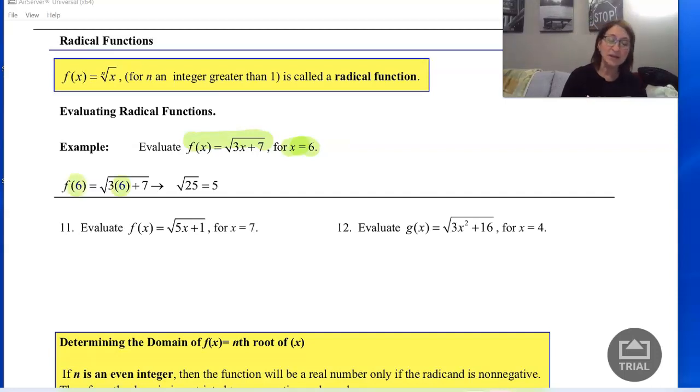When I put it here with the f, all that is saying is, it's asking the question, if x equals 6, what is y? That's the question. Okay? So underneath your radical sign, you have 18 plus 7, which is 25. And so the square root of 25 is 5. So that means if x is 6, y is 5.